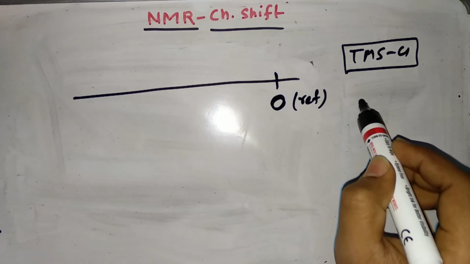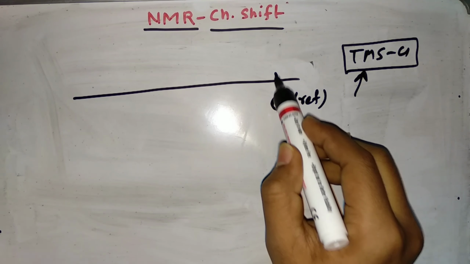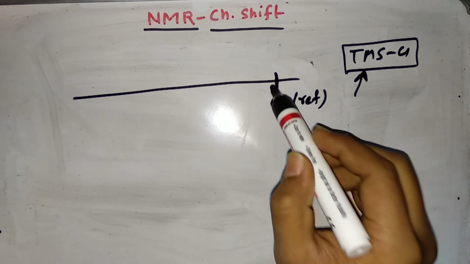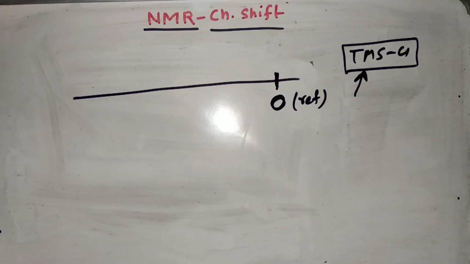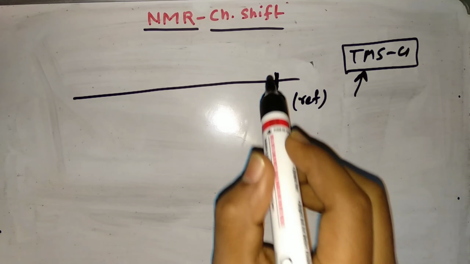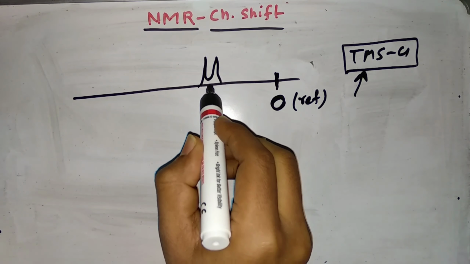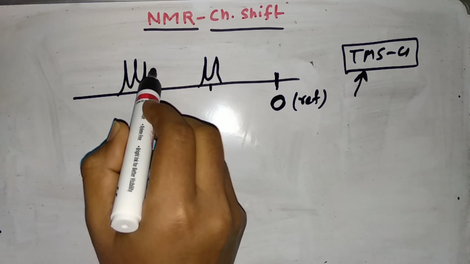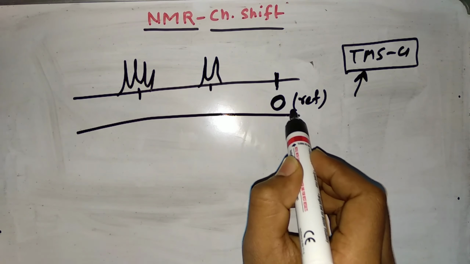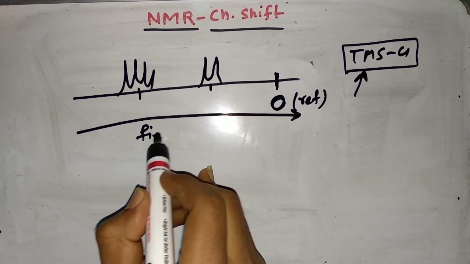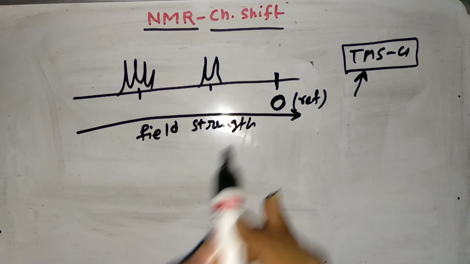Okay, so the proton of TMSCl generally resonates at a particular frequency or particular field strength. That is, we are taking this as a reference. And taking it as a reference, we may get one peak or two peaks, suppose right here, or another peak right here. So in this direction, the externally applied magnetic field strength generally increases.